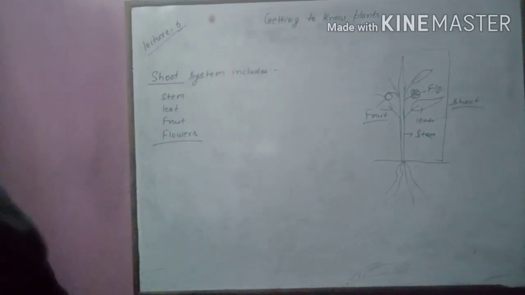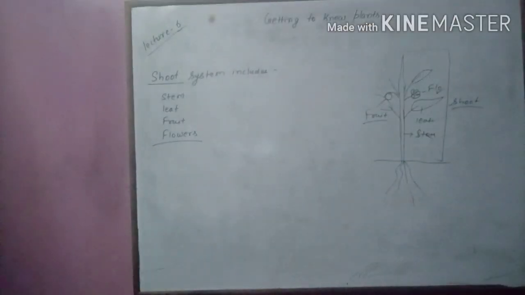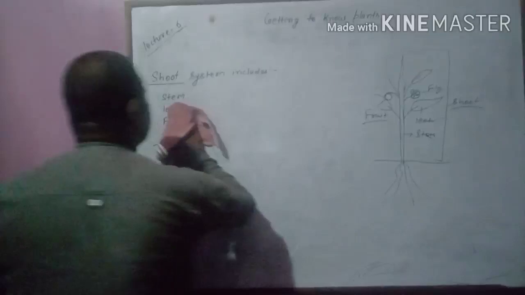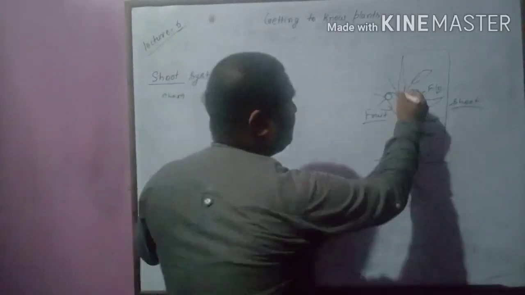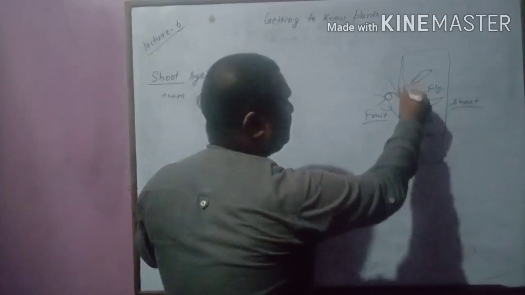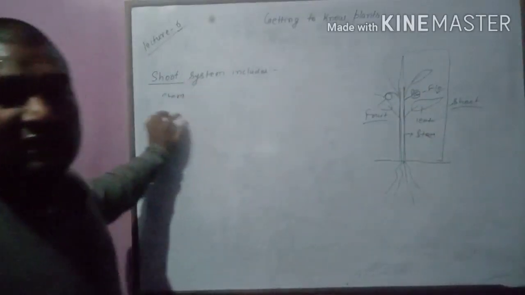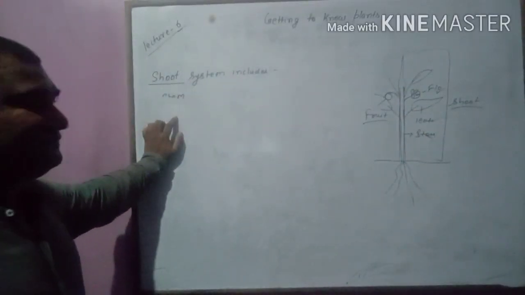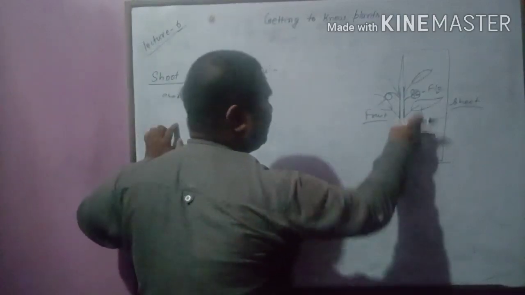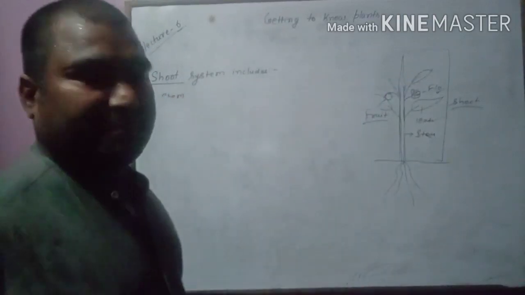So what is stem? The hardest part of the plant is called stem. This main axis or the main plant is called stem.